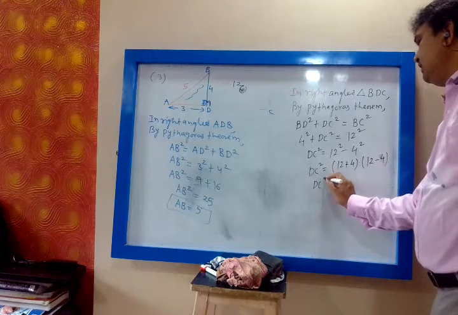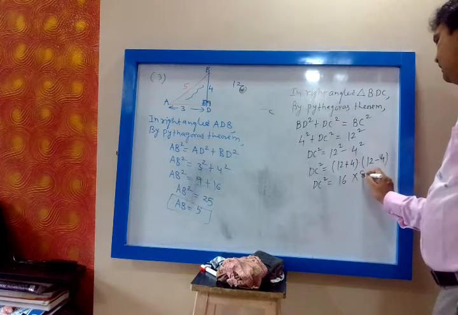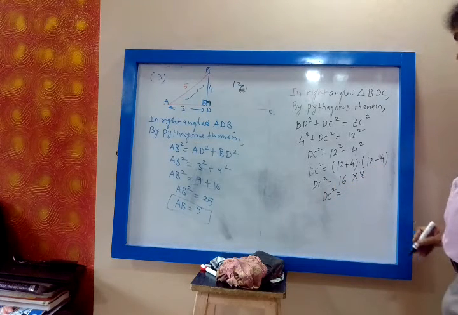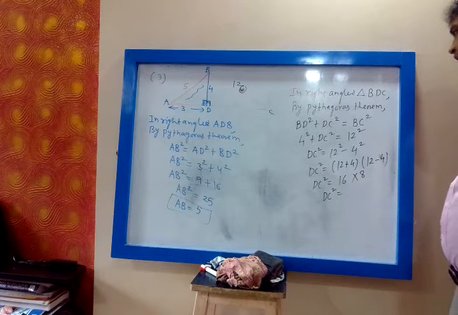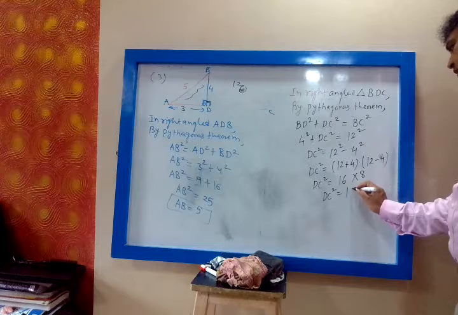So DC square is 12 plus 4 is 16, 12 minus 4 is 8, 16 8s are 128. What is the square root of that?